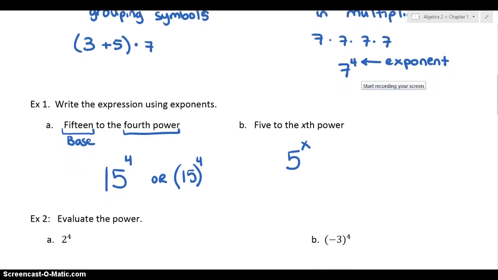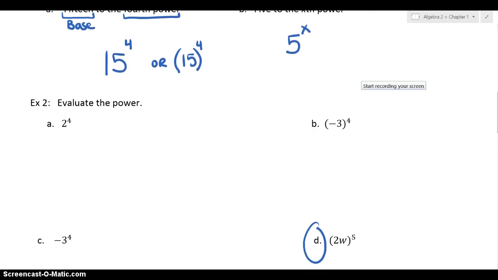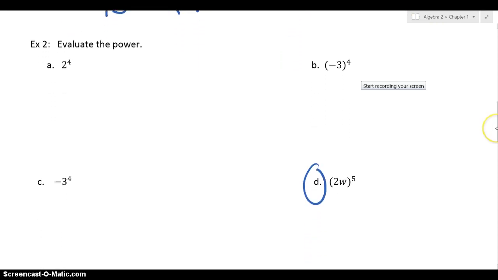Alright, great job. So let's go into example 2 where it says evaluate the power. So now they're giving us things like 2 to the fourth power. And I'm going to write that because I want you to start realizing how I'm saying this: 2 to the fourth power. So that's how we say these things so that we have the same common terminologies.